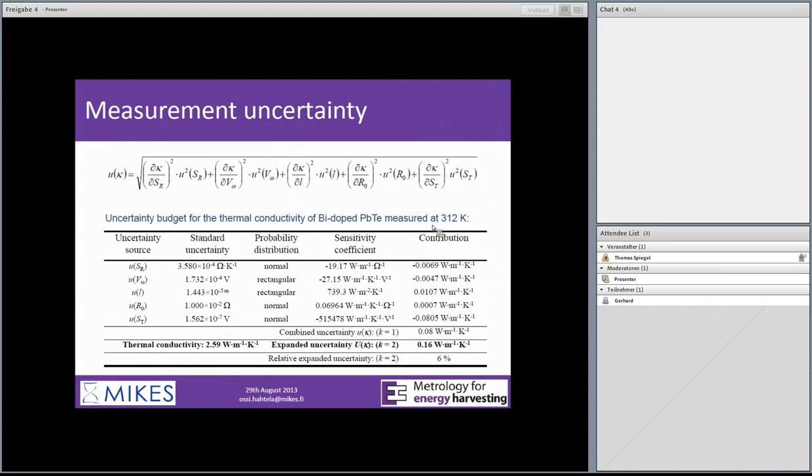For this sample at this temperature, we got an expanded uncertainty of 0.16 watts per meter Kelvin, which means a relative expanded uncertainty of 6%.